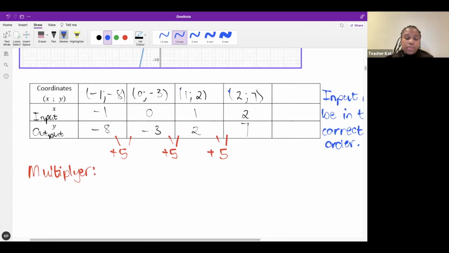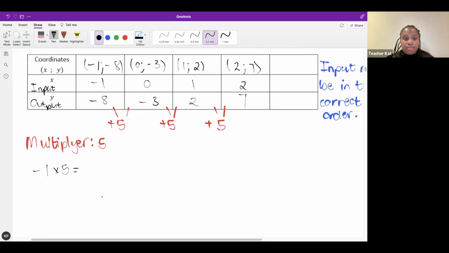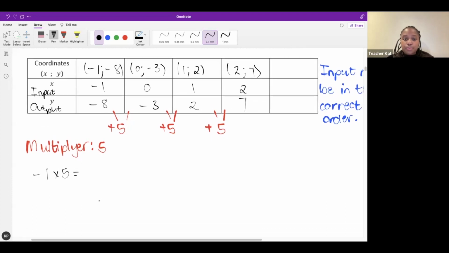So it was going the opposite way. That's why we ended up with a -5 for our multiplier. Okay, now we have our multiplier. Let's start with the first one. First one, I'm going to say -1 times 5. What's -1 times 5?